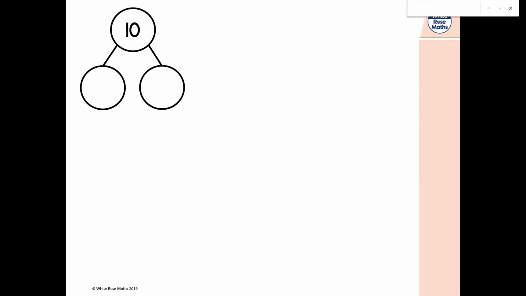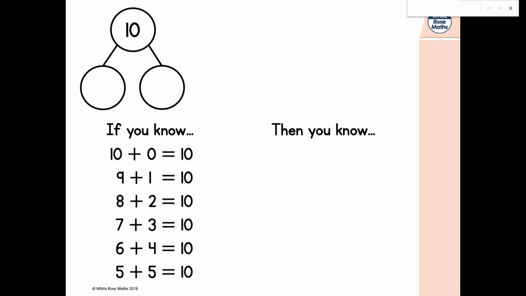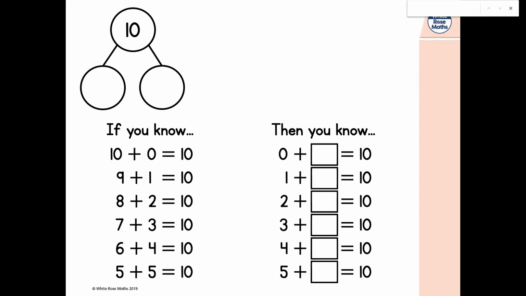Okay, this looks familiar. A part-whole model with the whole being 10. And these look familiar. We just did these. So it says here, if you know all of those number bonds, then you know... I'm going to pause here.